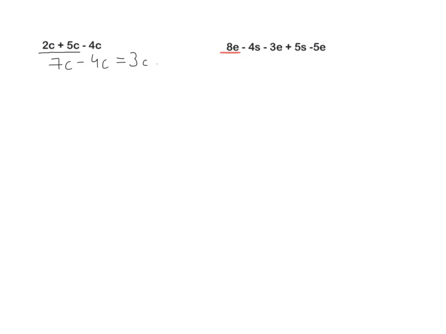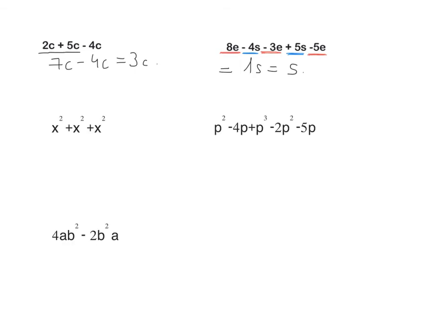So we have 8e minus 3e minus 5e, and that gives us 8 minus 3 is 5, and 5 minus 5 is 0, so we don't have e at all. Now minus 4s plus 5s, and that gives us 1s, or just s. Okay, done.